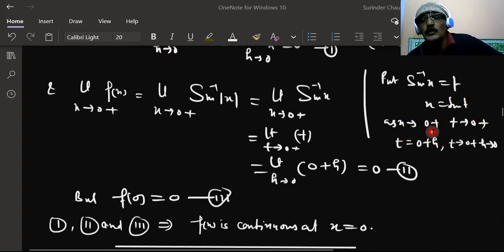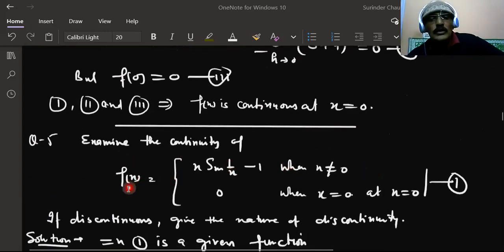As x tends to 0 from positive, t tends to 0 from positive. So put t equal to 0 plus h, where h tends to 0 from positive. Again the limit is 0. Left limit is 0, right limit is 0, and the value of the function is 0. So this function is continuous at x equal to 0.